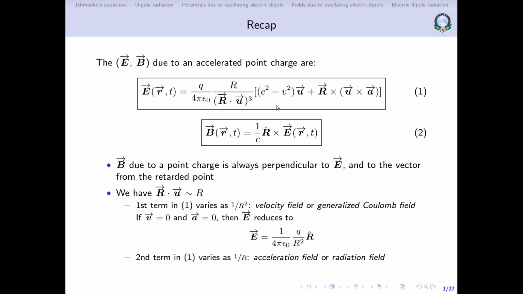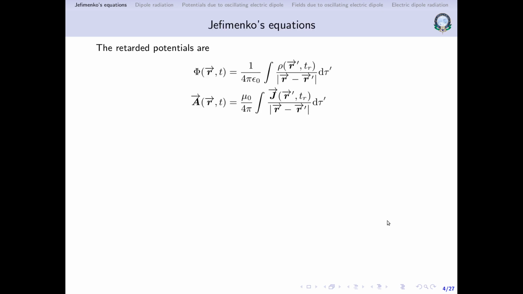Any term which is 1 by r square is going to be discarded. Of course, I'll be outlining this in the form of an explicit approximation. So any term which varies as 1 by r square will be neglected, and any term which varies as 1 by r is what survives at extremely long ranges, and that gives us our radiation field.